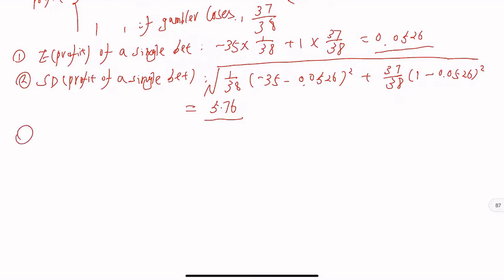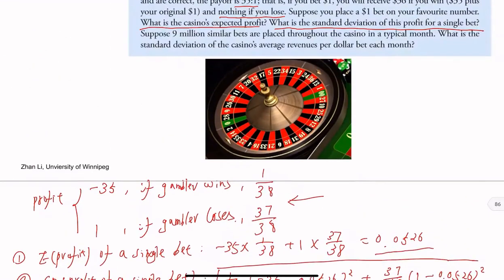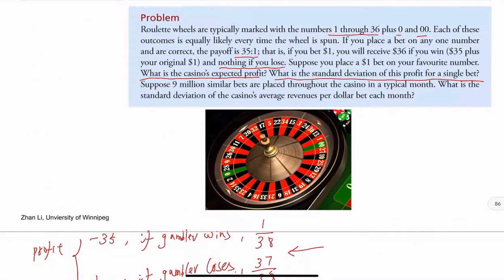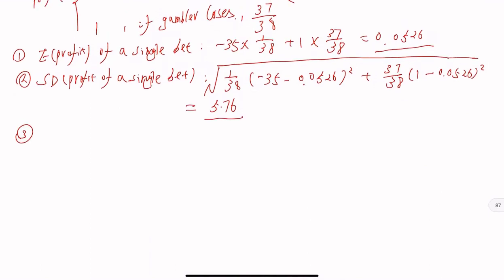Now let's think about the third question. The third question says, suppose there are 9 million bets placed in this casino in a typical month. So what is the standard deviation? Now we're looking at the standard deviation of the profit of 9 million bets. Here we have to use the result.